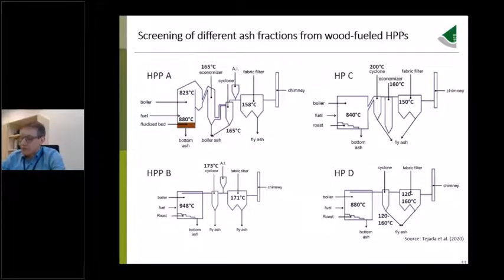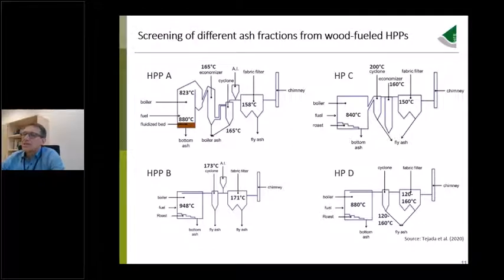To show you some results from analysis from different plants, you can see here 4 different heating plants or heating power plants. So what you see here on the left in the upper corner, HPPA is a heat and power plant. Below, HPPB is a heat and power plant, and the plants HPC and HPD are heating plants.